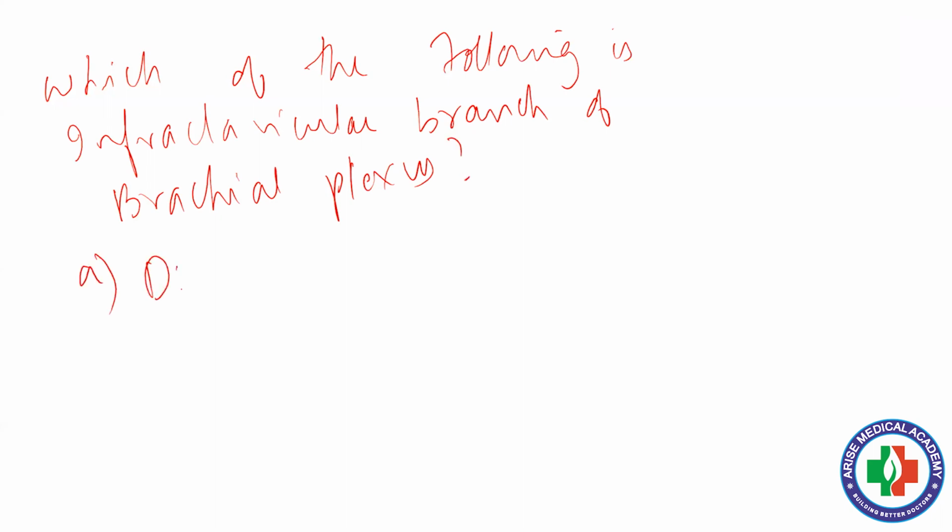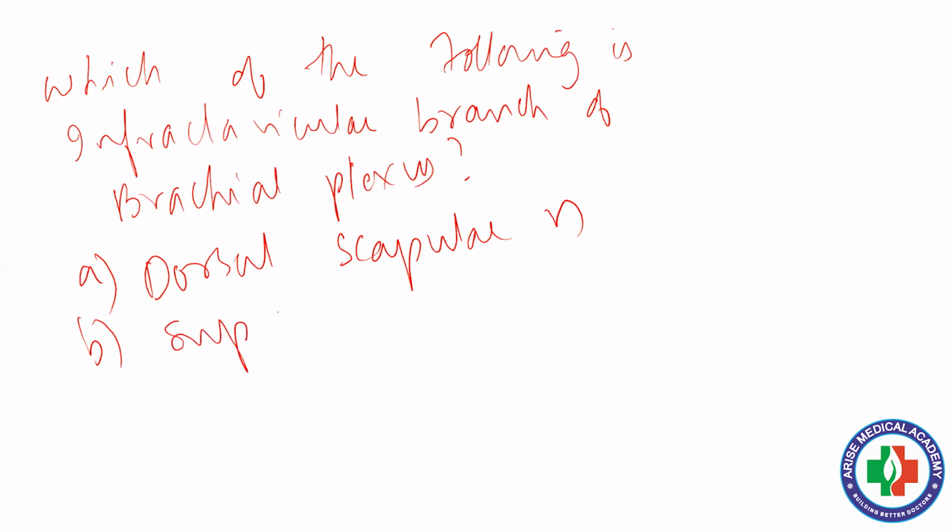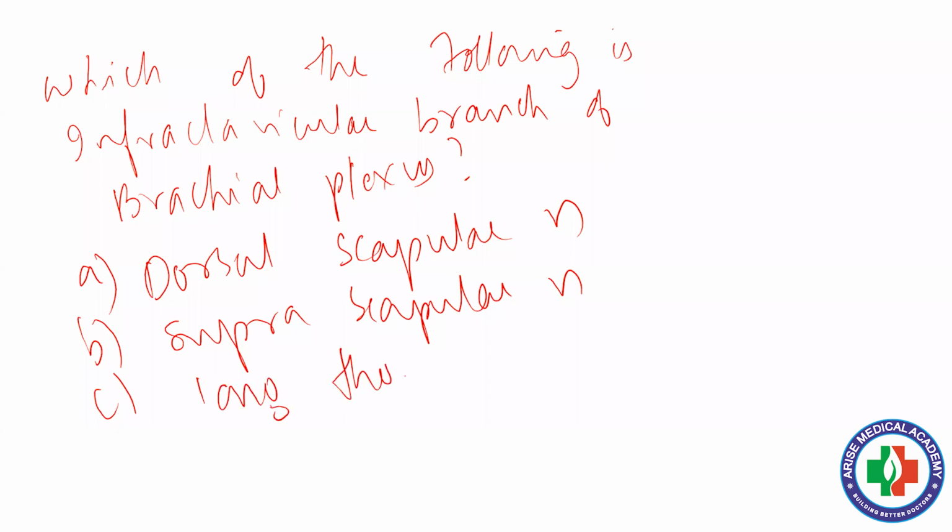Options were dorsal scapular nerve, suprascapular nerve, long thoracic nerve, axillary nerve.